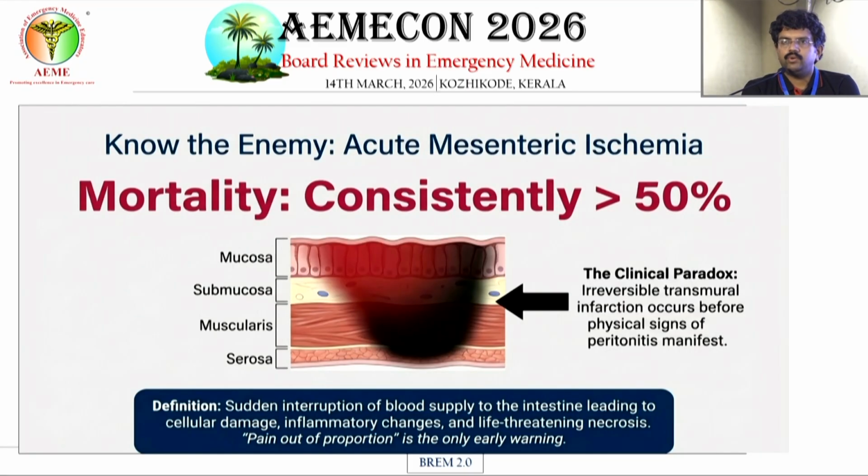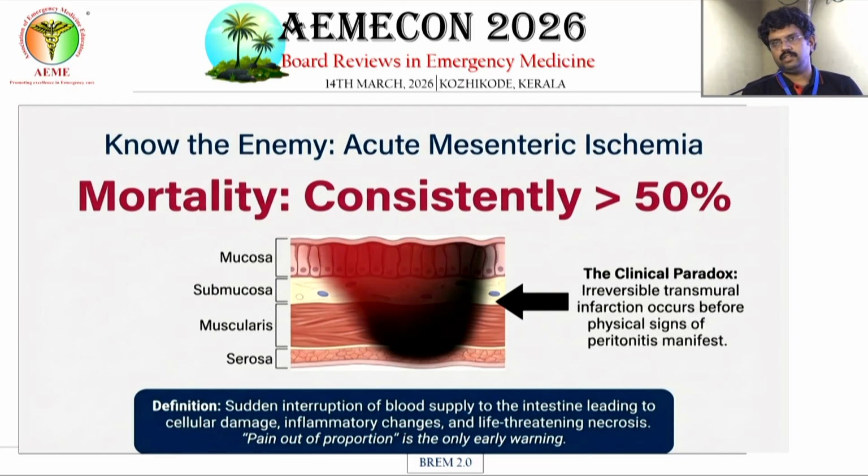So why does mortality occur and why is it difficult to diagnose? The only presenting symptom may be sudden severe abdominal pain which is not responding to analgesics. The initial pain may be due to just mucosal involvement. Later it progresses to the submucosa and muscularis.